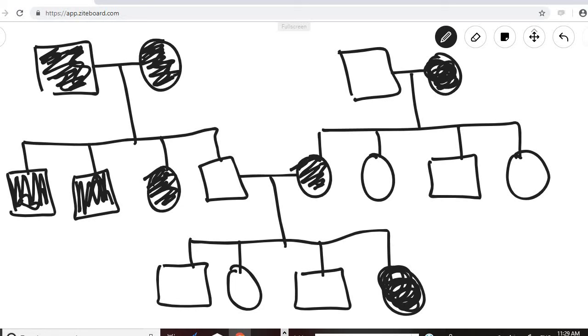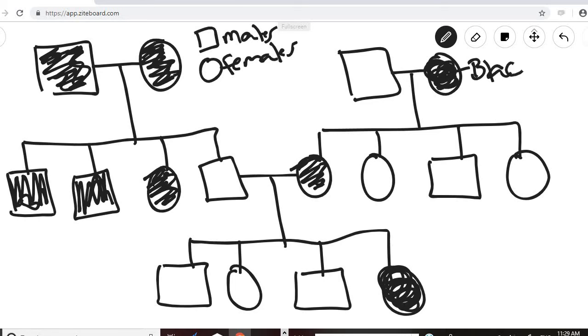The squares are males and the circles are females. And the ones that are colored in are black and the others are white. So this is black, and if they're not colored in, it's white.